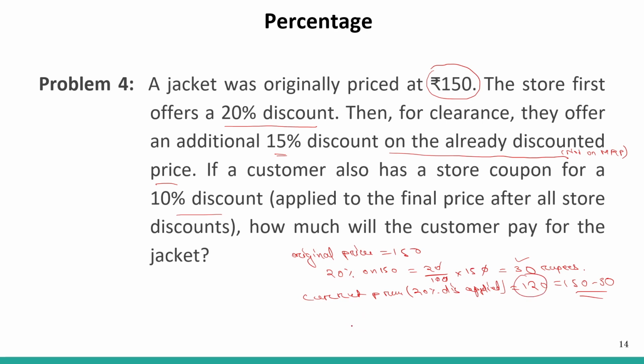So what we do next is we apply the clearance discount on this price, not on the MRP, not on 150. We apply that 15% discount on this one. So after clearance, 15% of 120 is equal to 15 by 100 into 120, so it will be 3 by 2 into 12, that is 18 rupees.